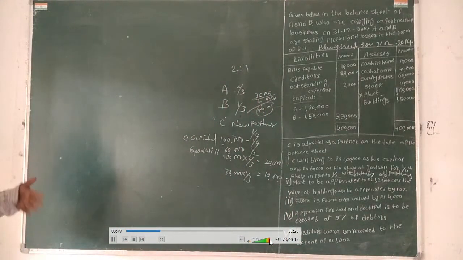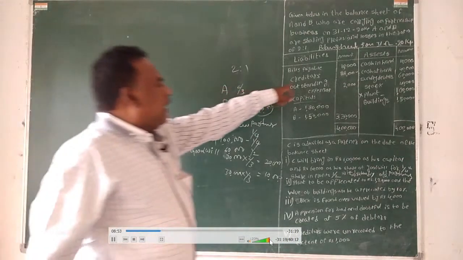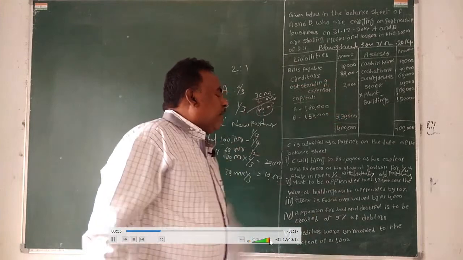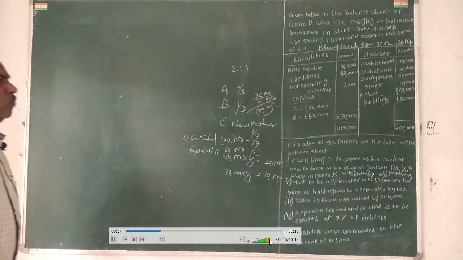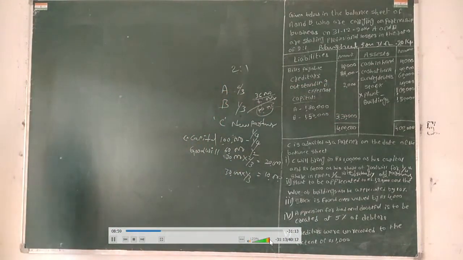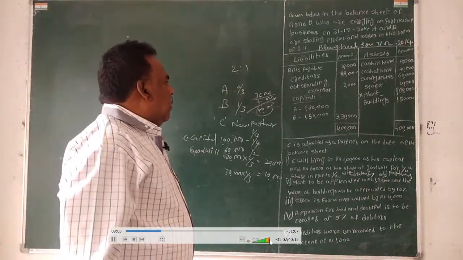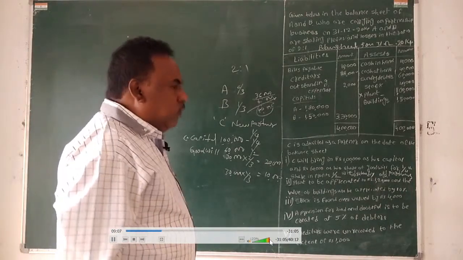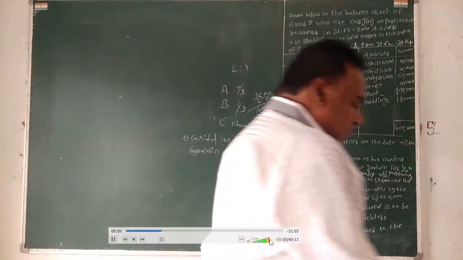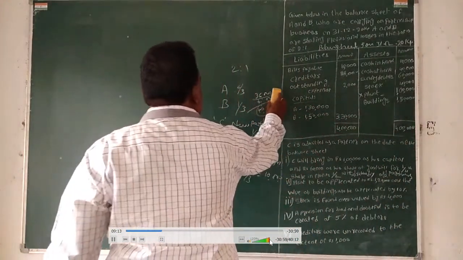First of all, we design the revaluation account. The main purpose of the revaluation account is to calculate and assess any profit or loss on revaluation of assets and reassessment of liabilities. So that's why we must design the revaluation account.